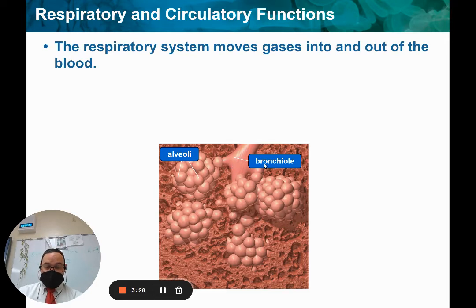At the end of the branching of the windpipe, the trachea and the bronchus and the bronchioles and the branches and branches and branches, you have these sacs called alveoli. This is where gas exchange actually happens. Little sacs, they have blood vessels all over them. They're really, really vascular, so they have lots and lots of blood that flows through.